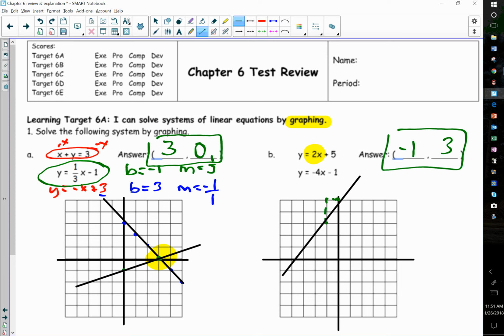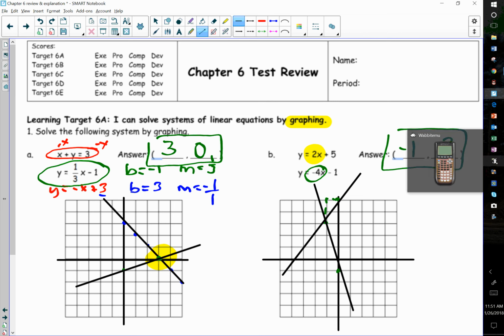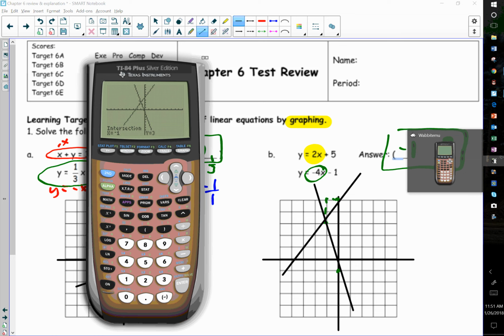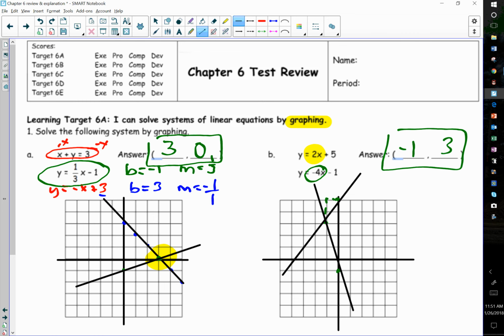That's the first line. The second equation has a slope of negative 4, so I could go down 4 and over 1. And now I have a pretty good picture of what my two lines look like, same as the calculator.